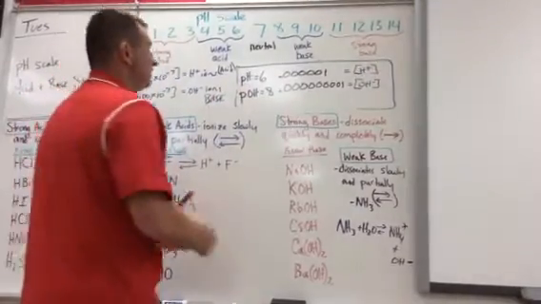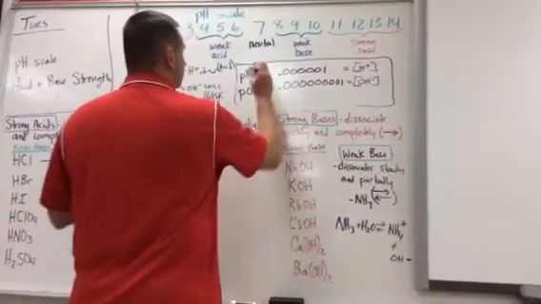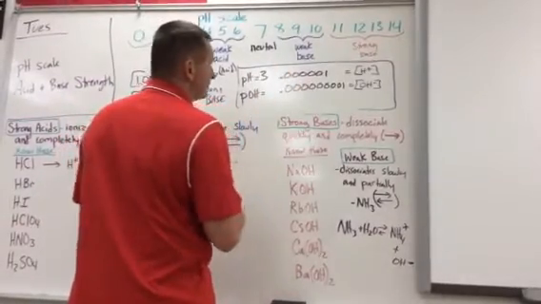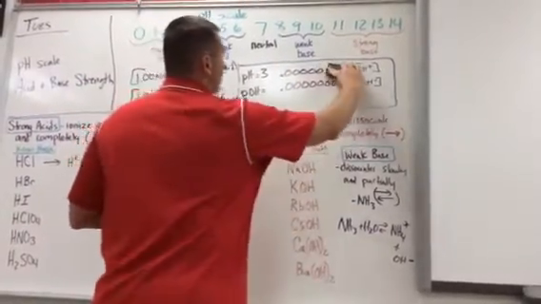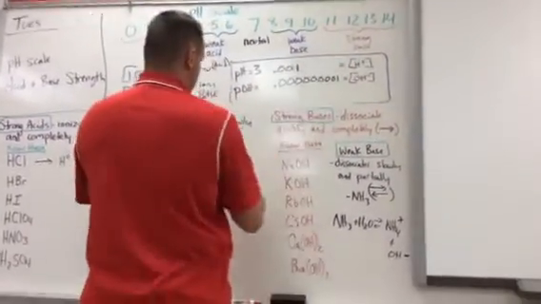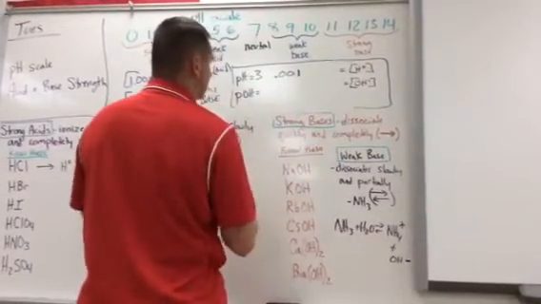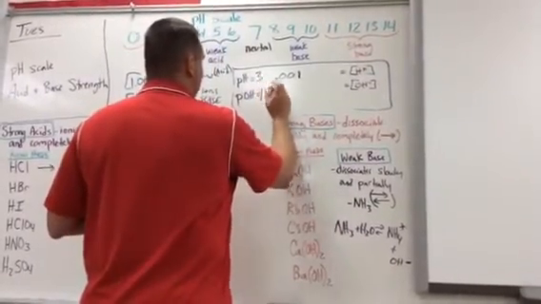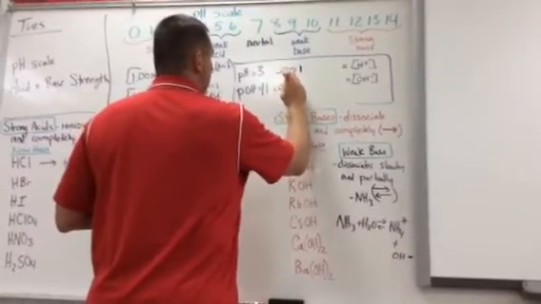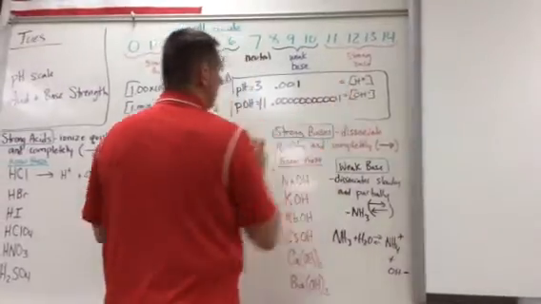Now, when you get really strong acids, like a pH of 3, now it's going to be 0.001 for my H plus concentration, and my pOH is going to be 14 minus 3, which is 11. So it's going to be 10 zeros and a 1.